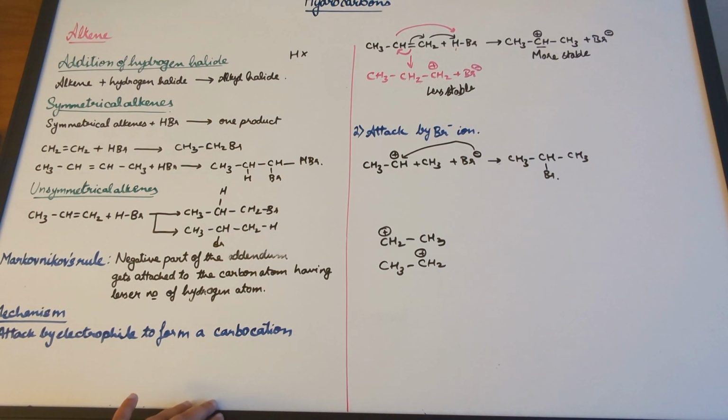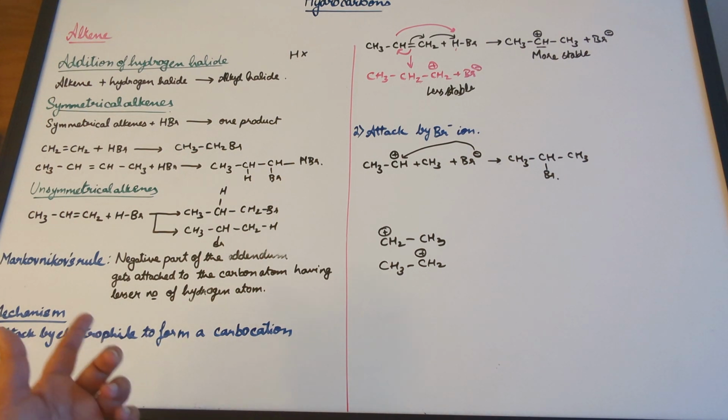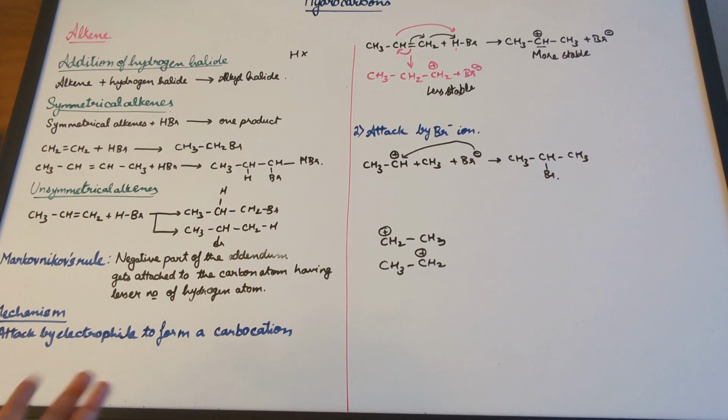There is another rule called the anti-Markovnikov's rule, which is basically the opposite of this, and we'll be learning about that in the next video. So just to recap one more time, in addition of hydrogen halides, an alkene is going to react with a hydrogen halide to give us an alkyl halide. In case of symmetrical alkenes, we do not have any issues because there is a possibility of only one product being formed.